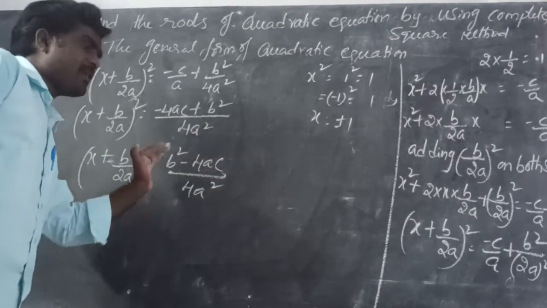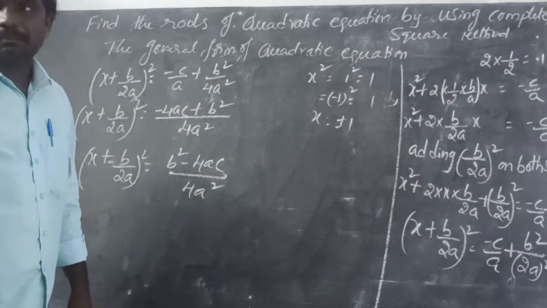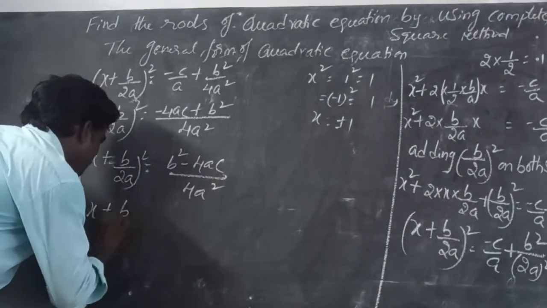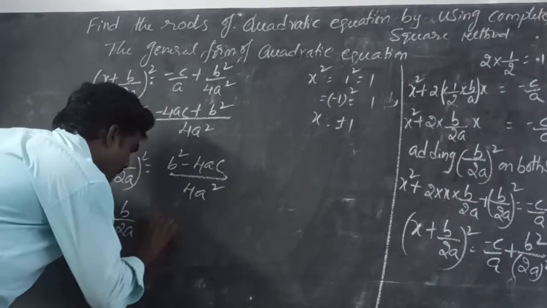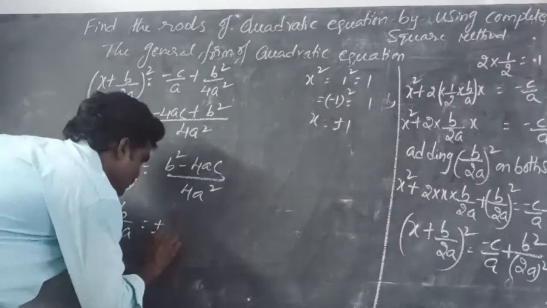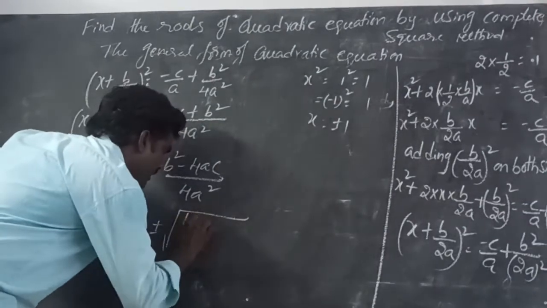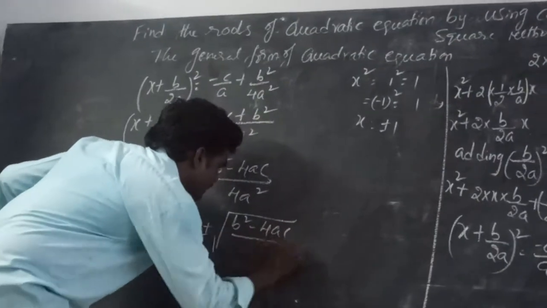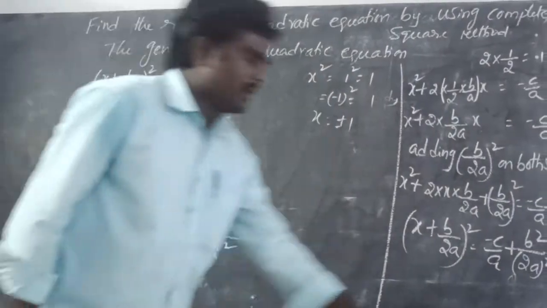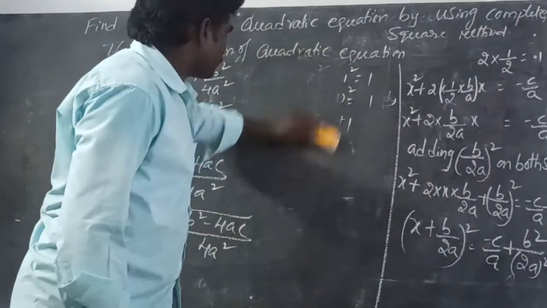How many values are there? 2 values. What are they? Plus value and minus value. Okay. So that is x plus b by 2a is equal to plus or minus, plus 1 value, minus 1 value, square root of b square minus 4ac by 4a square.